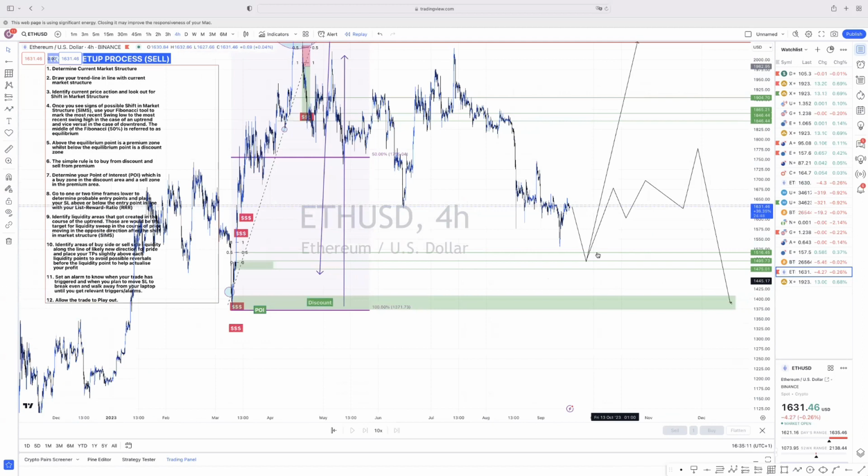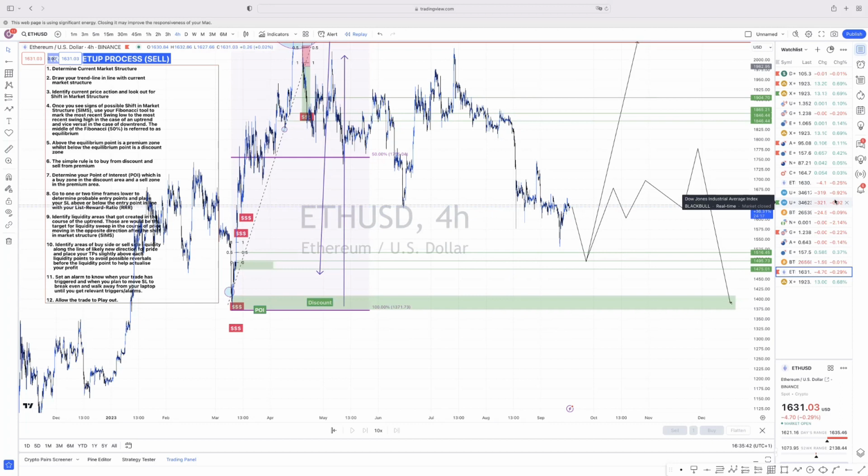Now, you need to watch out for this. Remember I said earlier, I usually give preference to a fair value gap that is above an order block, and the fair value gap always gives me confidence that the block I'm looking at as my point of interest is a very valid point of interest.